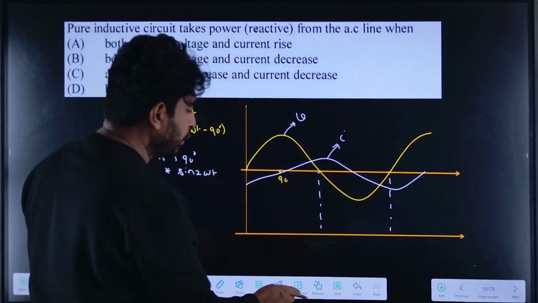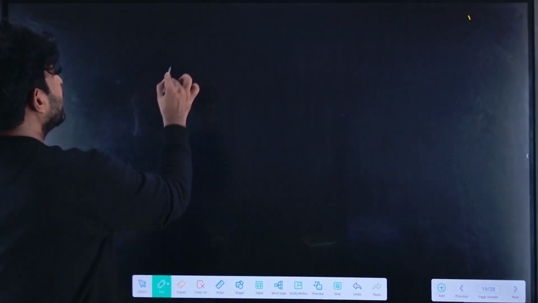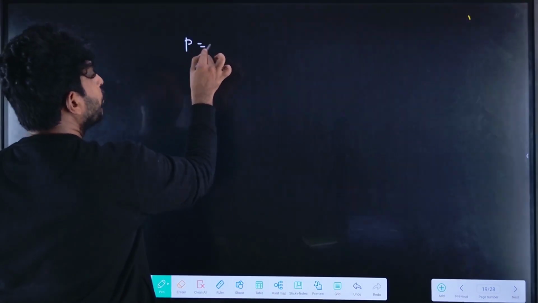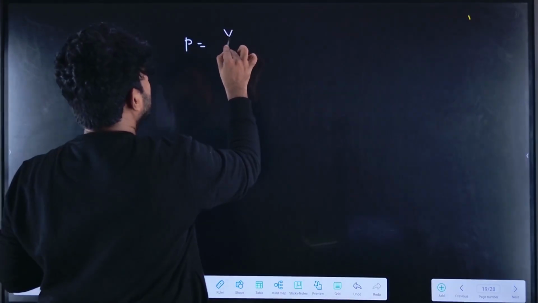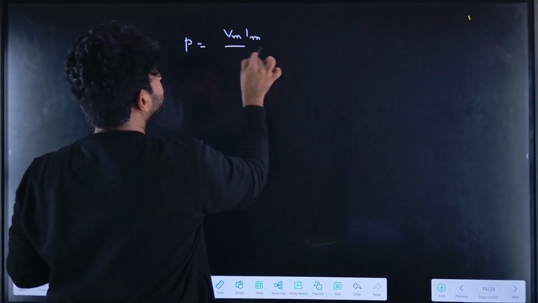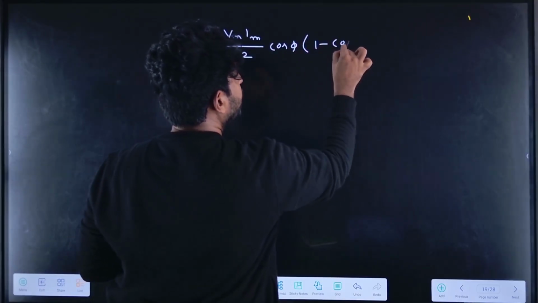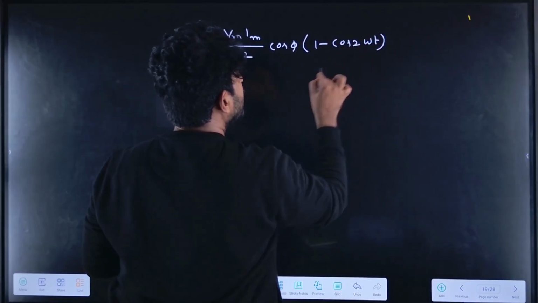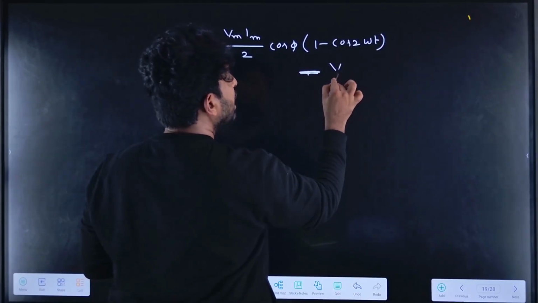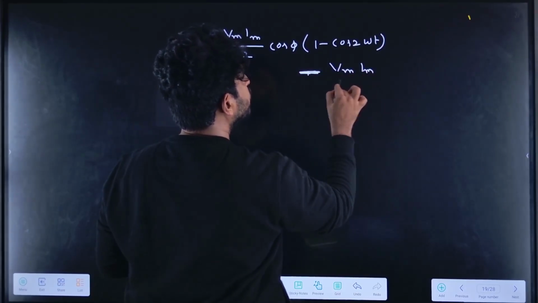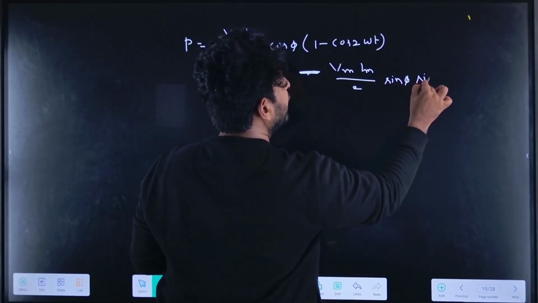So for example, if both are sinusoidal waveforms, P equal to Vm by 2 cos phi into (1 minus cos 2 omega t) plus minus Vm by 2 sin phi into sin 2 omega t.